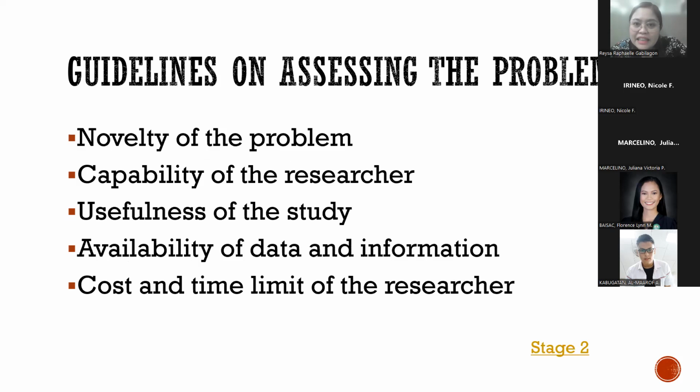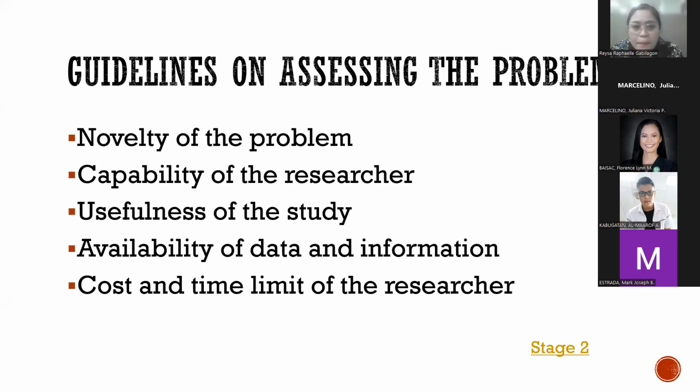So what are the guidelines on assessing the problem? I mentioned this earlier: novelty, meaning your study should be original. It's not a duplication of an existing study, especially in the same place. Okay? So for example, someone conducted a blood sugar lowering activity study of mango in India. If you also want to conduct it here, that is acceptable because it's not the same place.